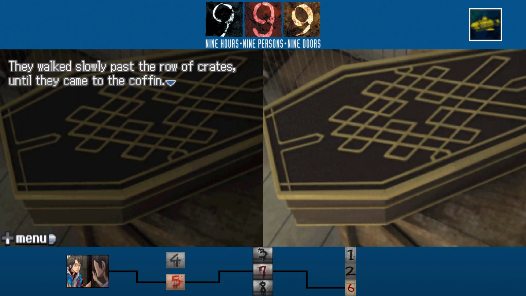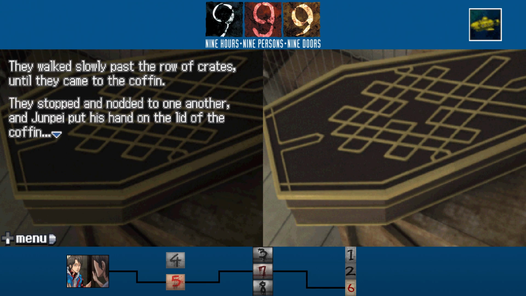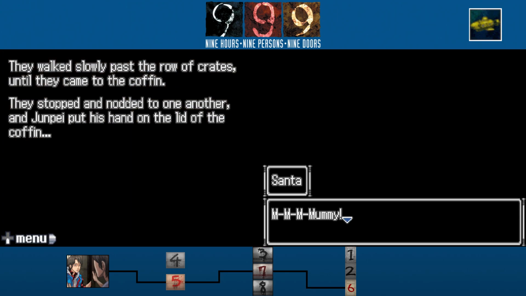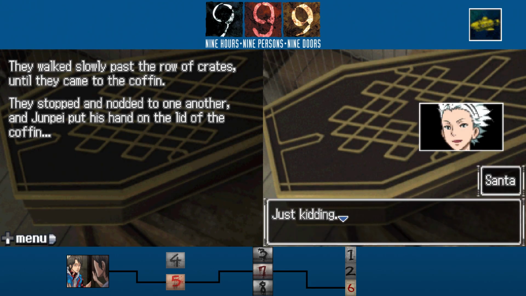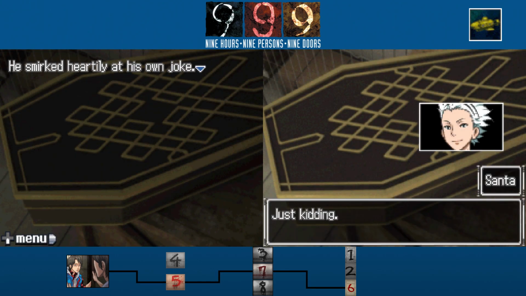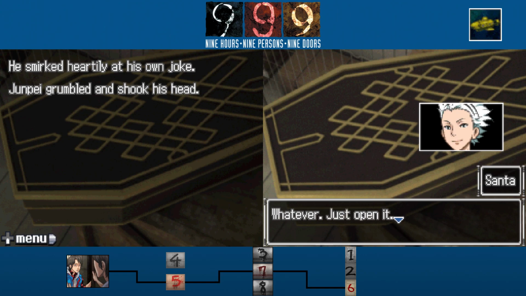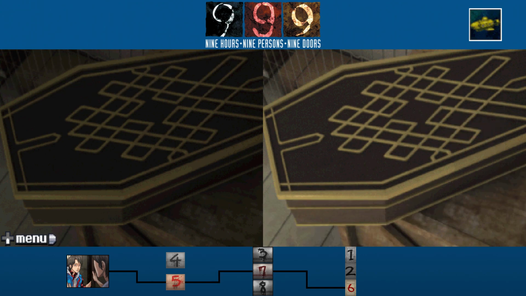They walked slowly past the row of crates until they came to the coffin. They stopped and nodded to one another, and Junpei put his hand on the lid of the coffin. Mummy! Just kidding. You dick. He smirked heartily at his own joke. Junpei grumbled and shook his head. Whatever, just open it.